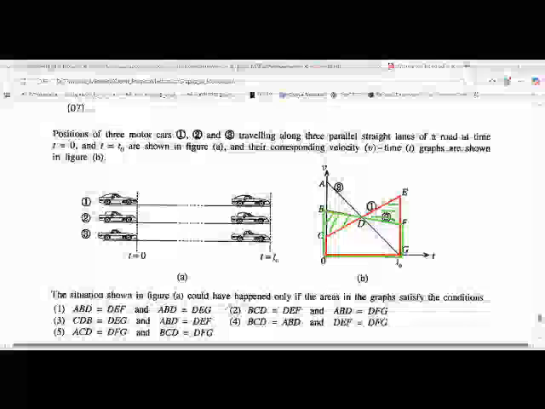Find that answer: BCD equal to DEF. Here you can see it. We have to check the other part.